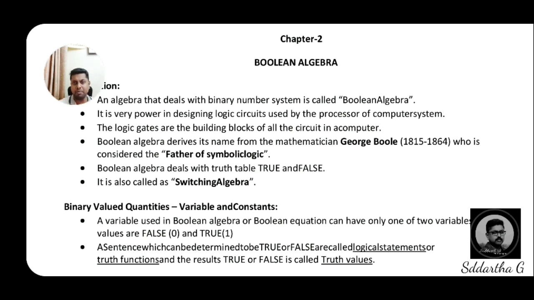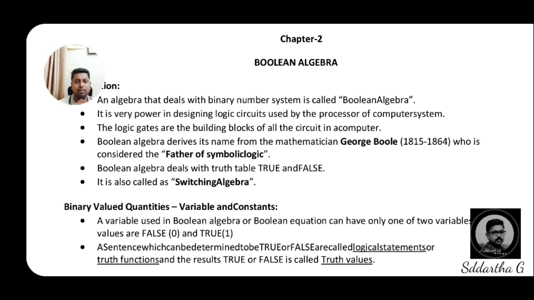Dear students, one thing you should remember, in this chapter we are going to discuss binary numbers, zeros and 1, and this algebra also deals with true and false. Some statements are true and some other statements are false. This kind of algebra is also known as switching algebra, hence Boolean algebra is also called switching algebra.